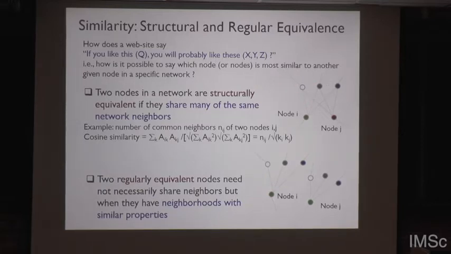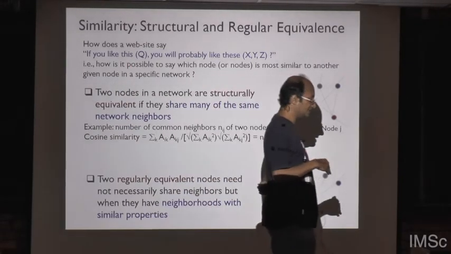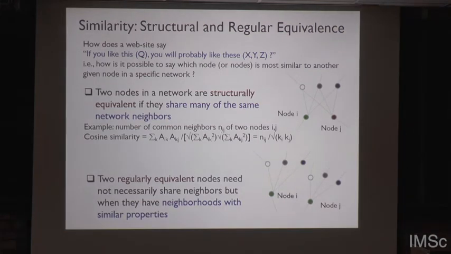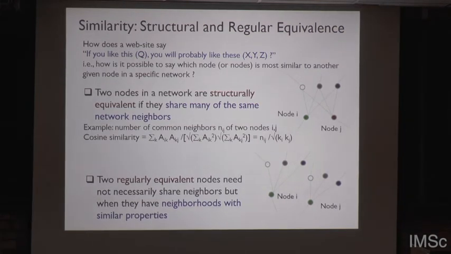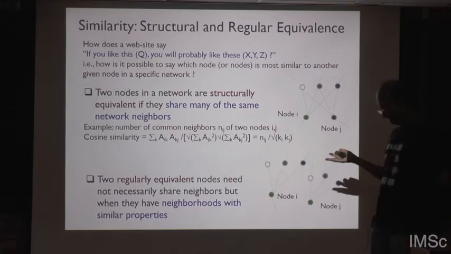And I was mentioning that this is the kind of technique that is used to implement things like when you go to some kind of a website, the website says if you like product X, you would probably like product Y and Z. Okay?